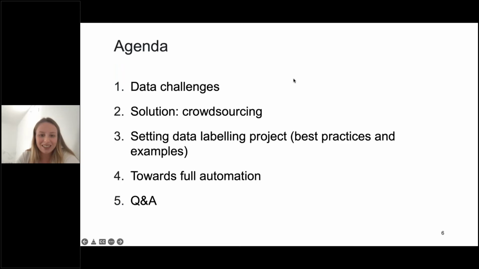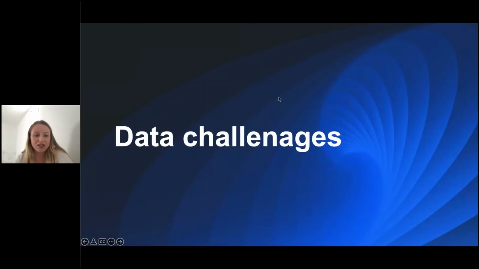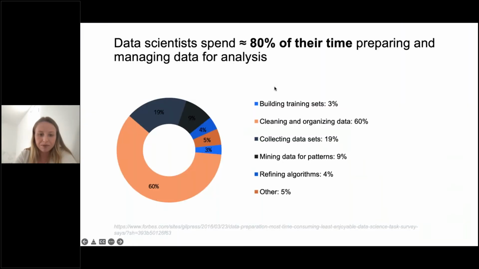Yeah, let's get started. And so let's start with some challenges that we have with data. And as you can see, this is an old graph that has been published in Forbes a few years ago. And what is important to note here is that 80% of the time of the data scientist is spent on preparing and managing data.